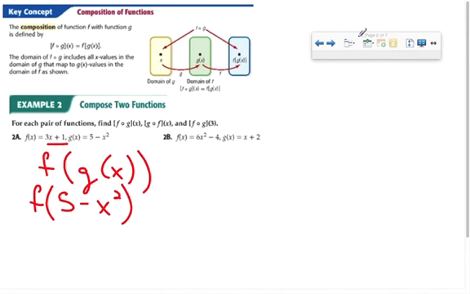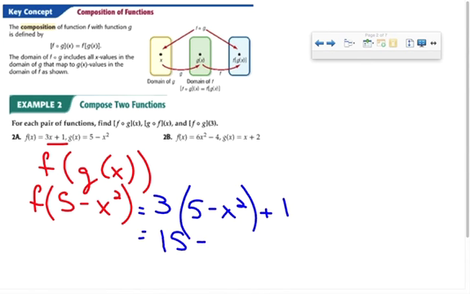So that's going to equal 3 times 5 minus x squared plus 1. And then I just simplify it as far as I can. This becomes 15 minus 3x squared plus 1. I can combine my like terms and get negative 3x squared plus 16. And that's the f of g of x.